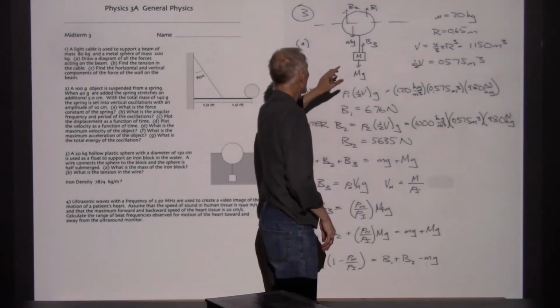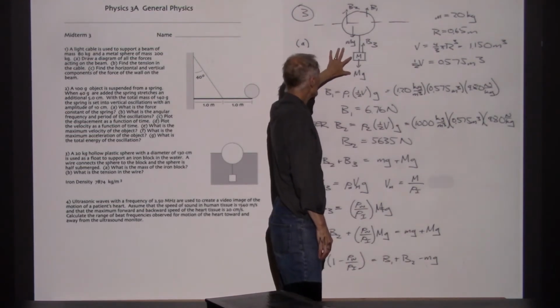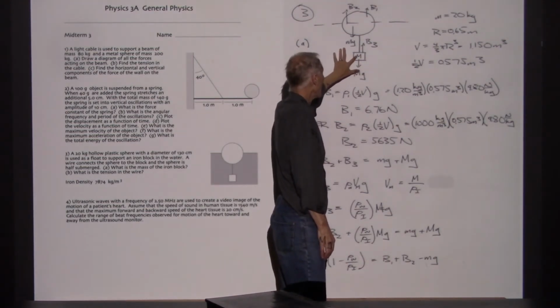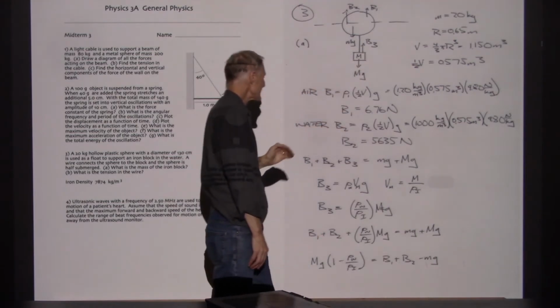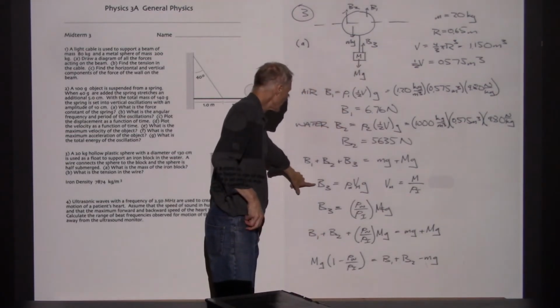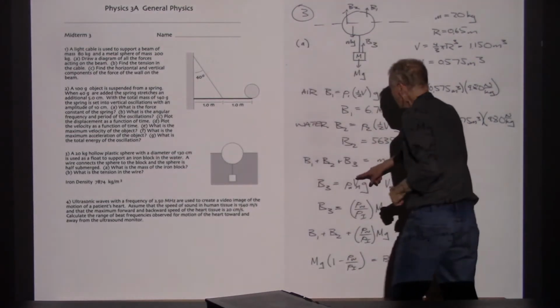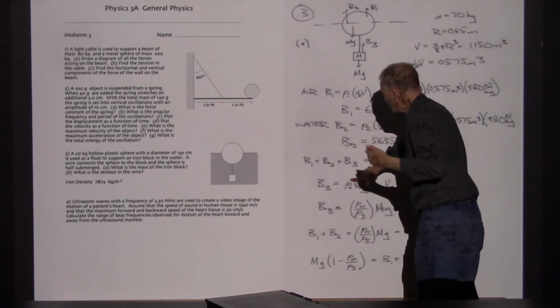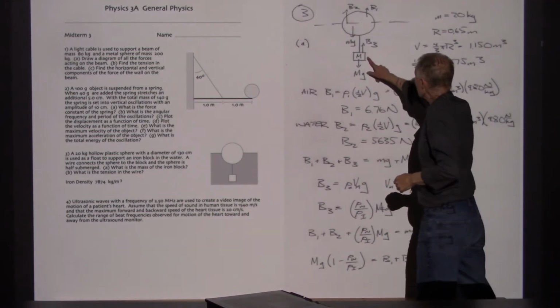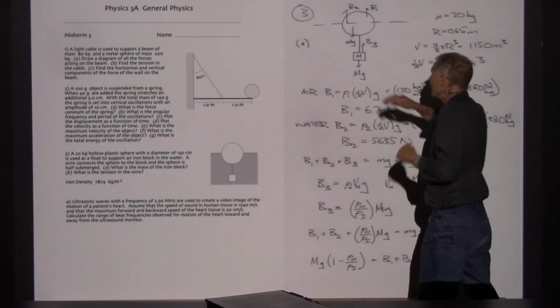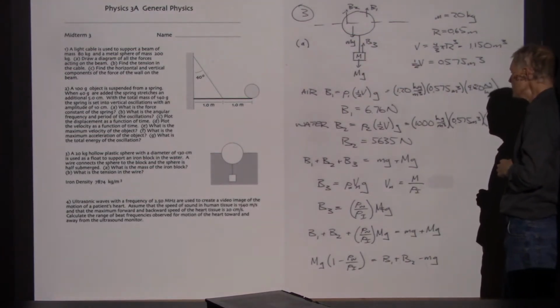Now there's a third buoyant effect, and that's the buoyant effect on the block of iron. Now that one I can't solve for right now because it depends on the density of water, which we know, but it's the volume of that block, and I don't know what the volume of that block is.